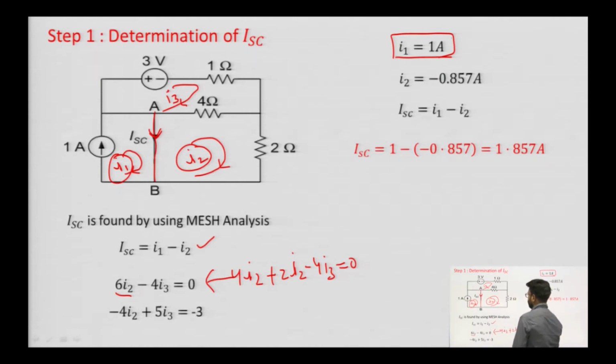Then we apply KVL in the third mesh, and we get the equation minus 4 I2 plus 5 I3 equals minus 3, because the direction of current is from plus to minus. After solving these two equations, we get the value of I2 as minus 0.857 ampere.